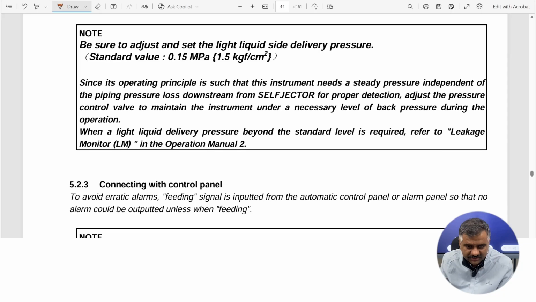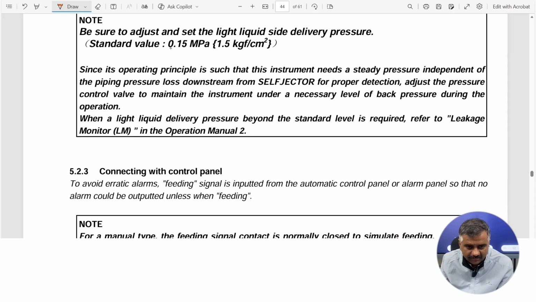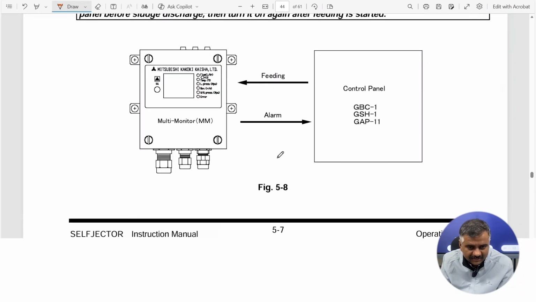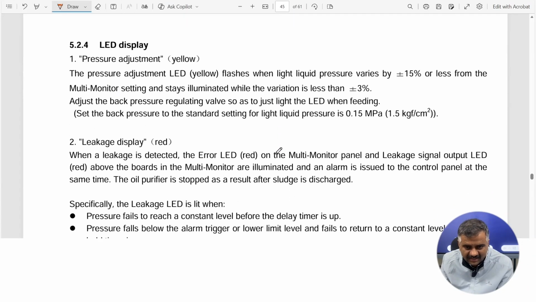and if we see, this is the multi monitor giving alarm, LED display, leakage display. Okay, LED display. In LED display section we have seen that for the pressure adjustment we have the yellow LED. It flashes when the light liquid pressure varies by plus minus 15%.